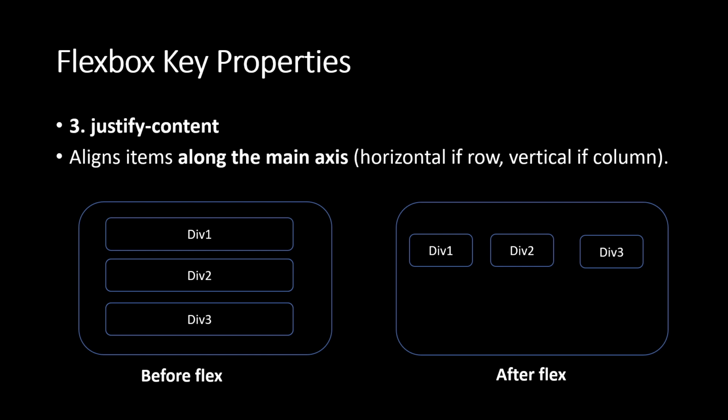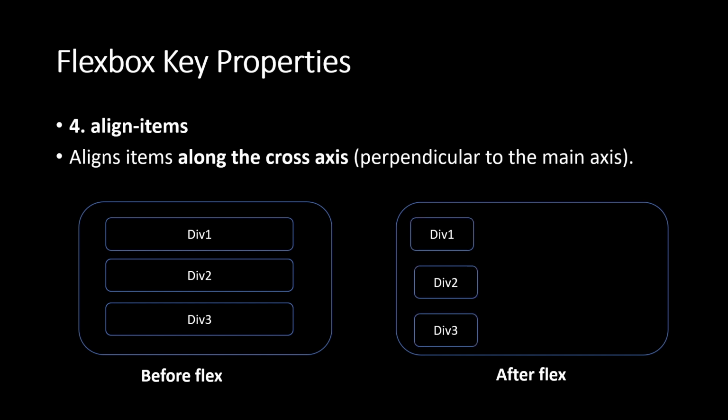And what does justify content do? Justify content aligns items along the main axis, meaning horizontal, right? The align items property aligns items on the cross axis, meaning perpendicular to the main axis, right?